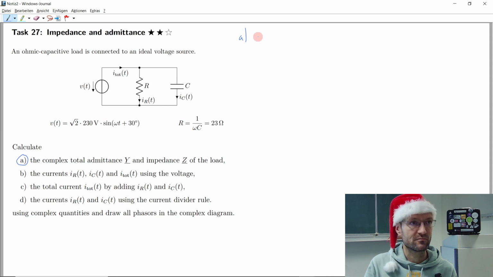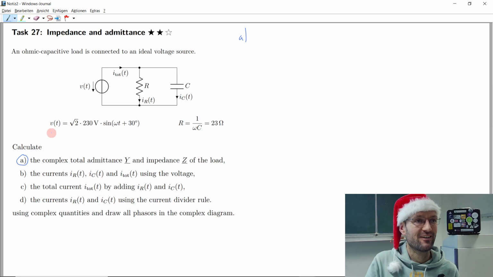Should we first represent it in phasor form?